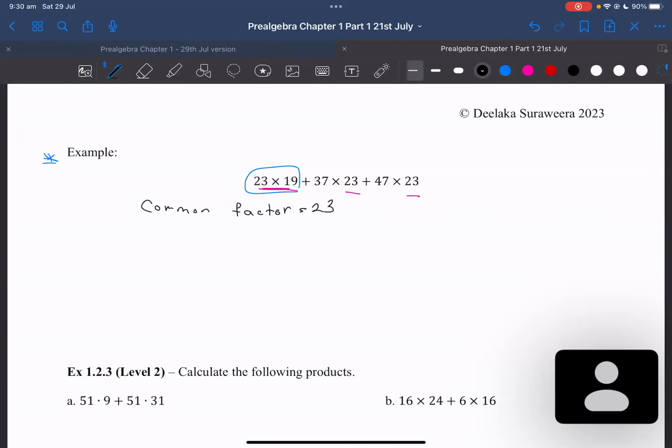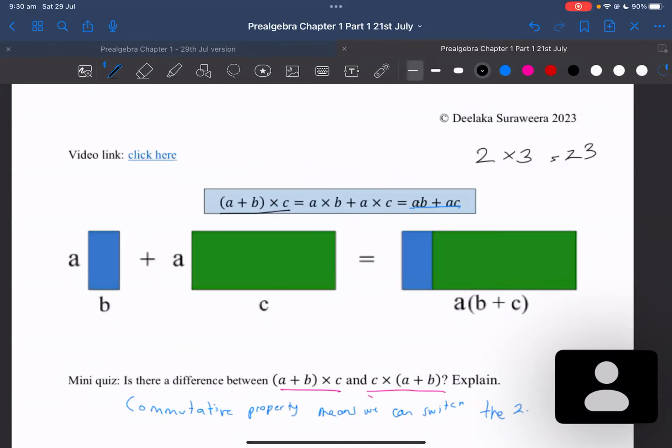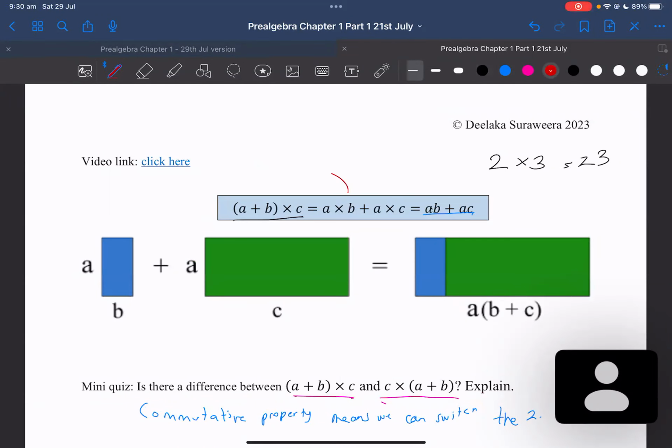Or we can reverse distribute the other way as well. Split it up, like the mental math trick. The idea here is that this is a common factor, the distributive property.